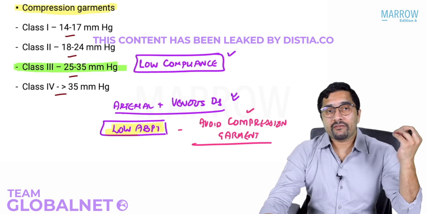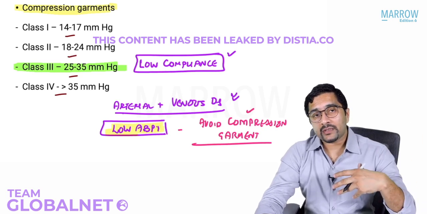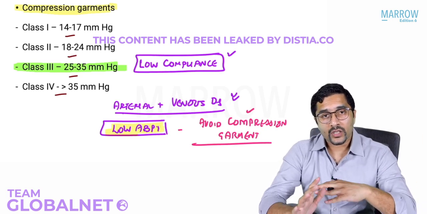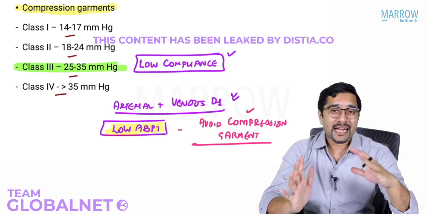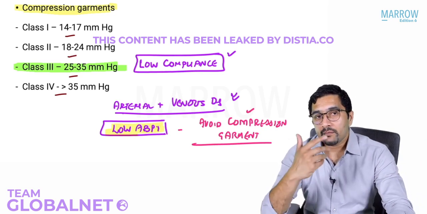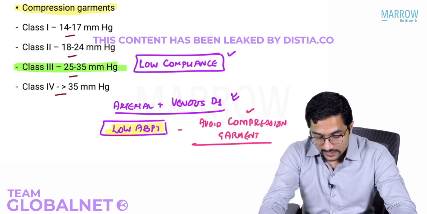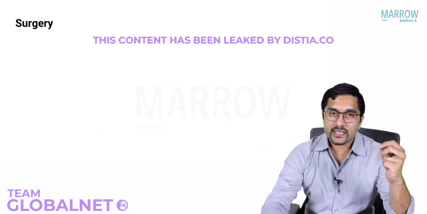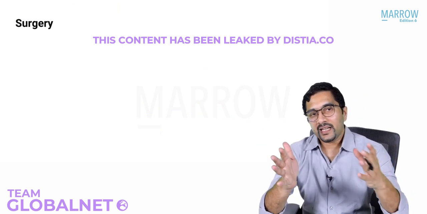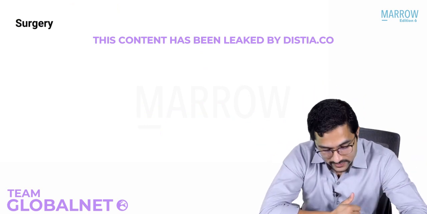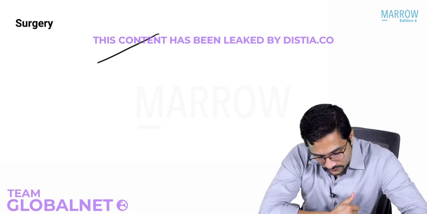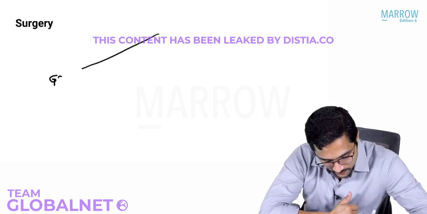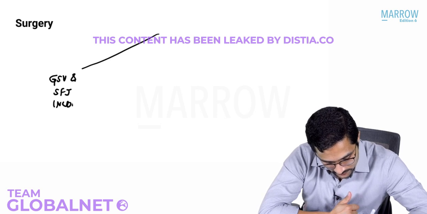Dressings are used when there is an ulcer, and I will talk about that in ulcers, that we don't use prophylactic antibiotics in venous ulcers because that can give rise to resistance as well. Now, the definitive management is, of course, surgery. And to understand the surgery, I would like to divide it under three headings. So let's talk about surgery for the great saphenous vein and saphenofemoral junction incompetence.